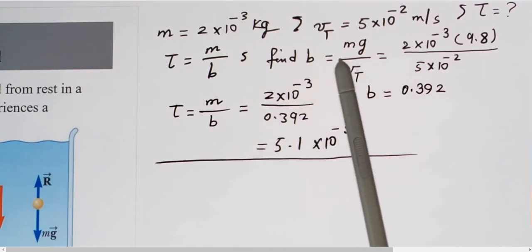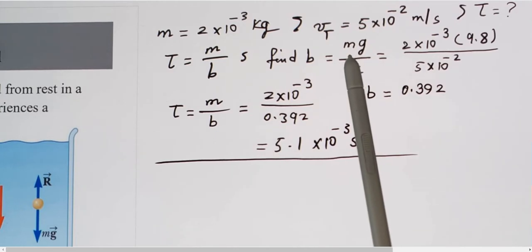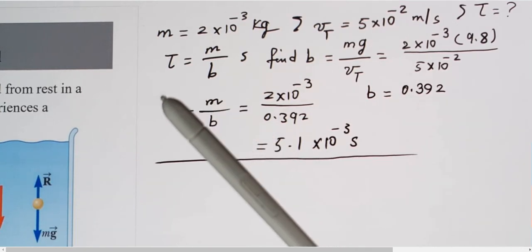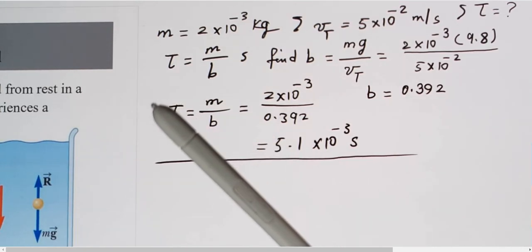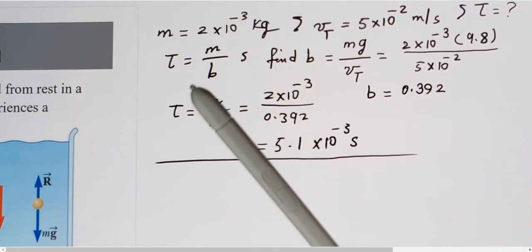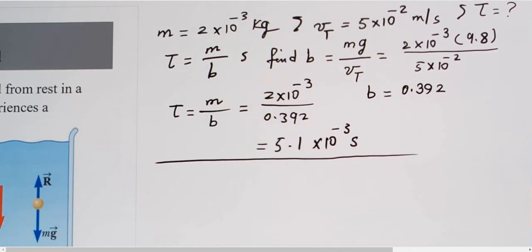So G here, when you find the value of B, is 9.8 because it's just a constant. And you can understand it also like what Dawood said. G is in the same direction of V terminal.